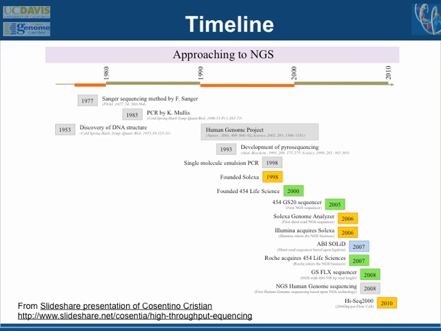So then in 2006, a company called Solexa put out a DNA sequencing system. It was rapidly bought by Illumina. 454 was bought by Roche in 2007, and in 2007, Applied Biosystems, the big gorilla in the sequencing world, put out this ABI SOLiD sequencing method. And these were the three next-gen sequencing methods that were available for a while.